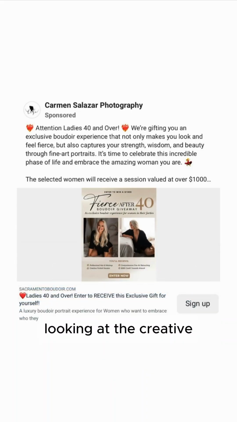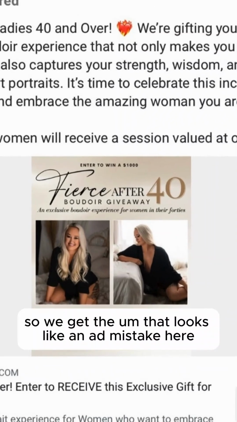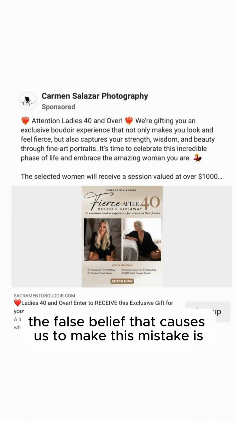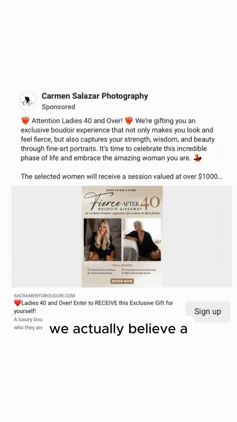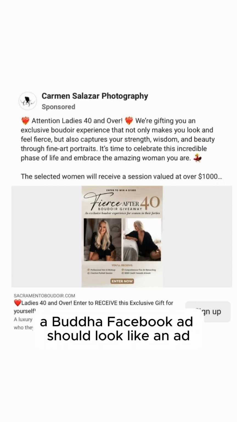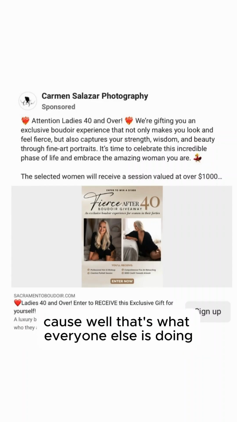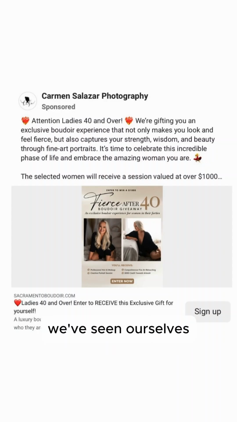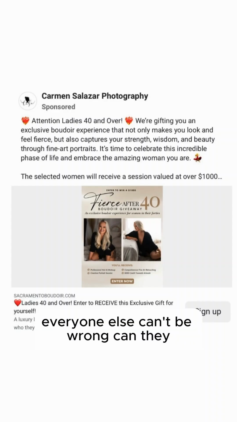Next, looking at the creative. All right, so we get the looks like an ad mistake here. So the false belief that caused us to make this mistake is we actually believe a boudoir Facebook ad should look like an ad because, well, that's what everyone else is doing. That's all the boudoir Facebook ads we've seen ourselves, that it should look like an ad because that's how everyone else does it, they can't be wrong, can they?